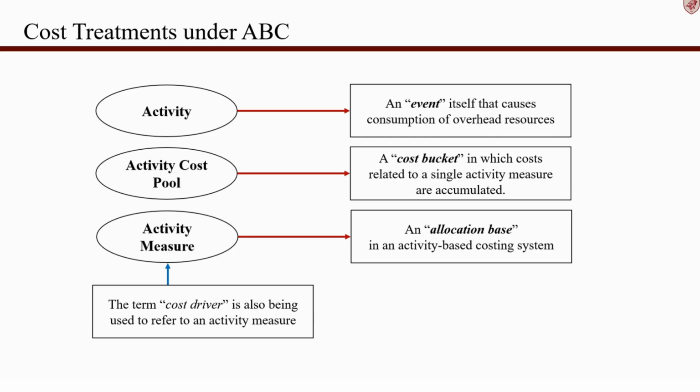But one difference is that this cost pool is divided based on how many activities you have, right? And for each activity, there is an activity measure, or the allocation base. Many times the cost driver itself, the factor that drives up the activity cost, is the reasonable activity measure. Okay.